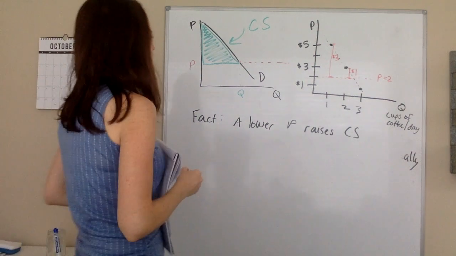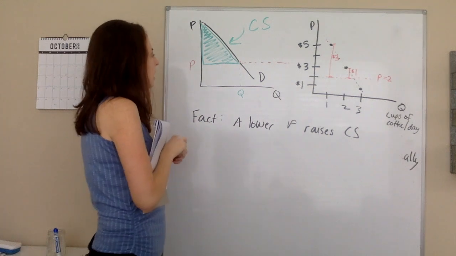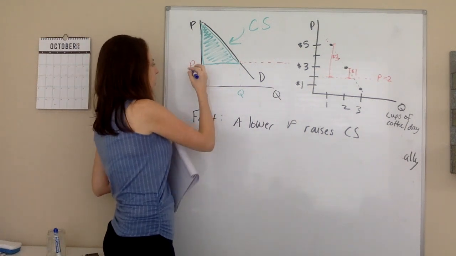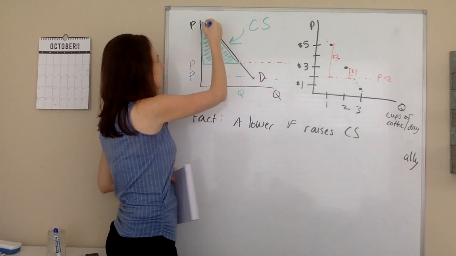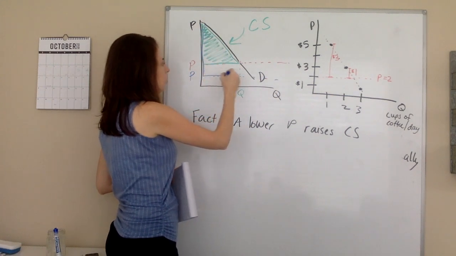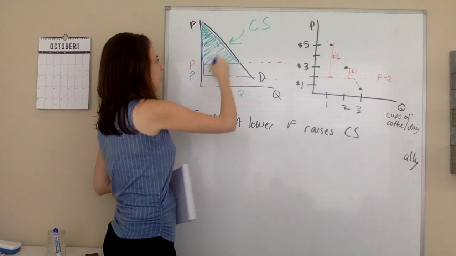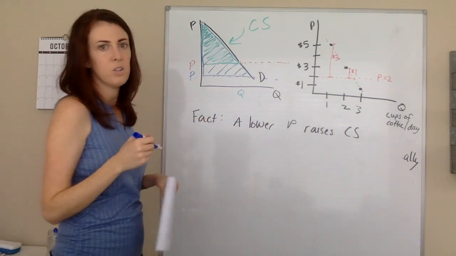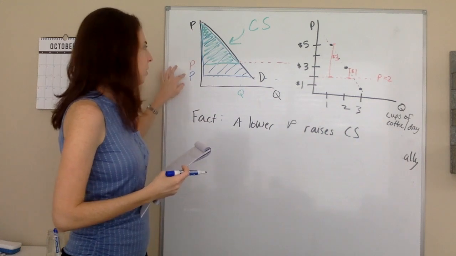The idea is, maybe we start out in a market with this price, this red P. If the price in the market falls, maybe now we get to this blue price. This would be the new price level, and so this new triangle is going to be the consumer surplus. And clearly the new blue triangle is larger than the previous green triangle, and so this tells us consumer surplus is larger when the price is lower.